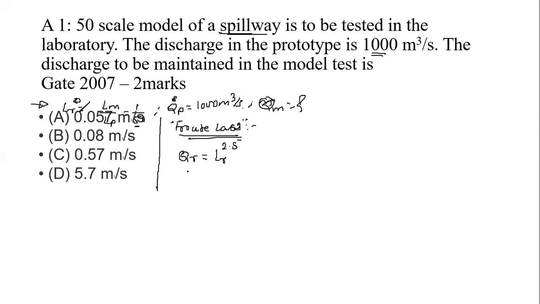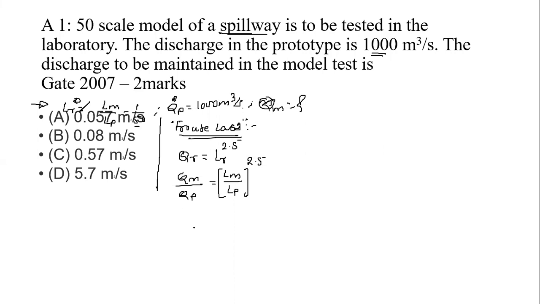Basic equation: Q in the model divided by Q in the prototype is equal to the length in model divided by length in prototype raised to 2.5. ये दोनों की पावर 2.5 है. अभी हमें दिया क्या है? लेंथ स्केल रेशियो दिया है डायरेक्टली 1:50 और डिस्चार्ज इन द मॉडल पूछा है.